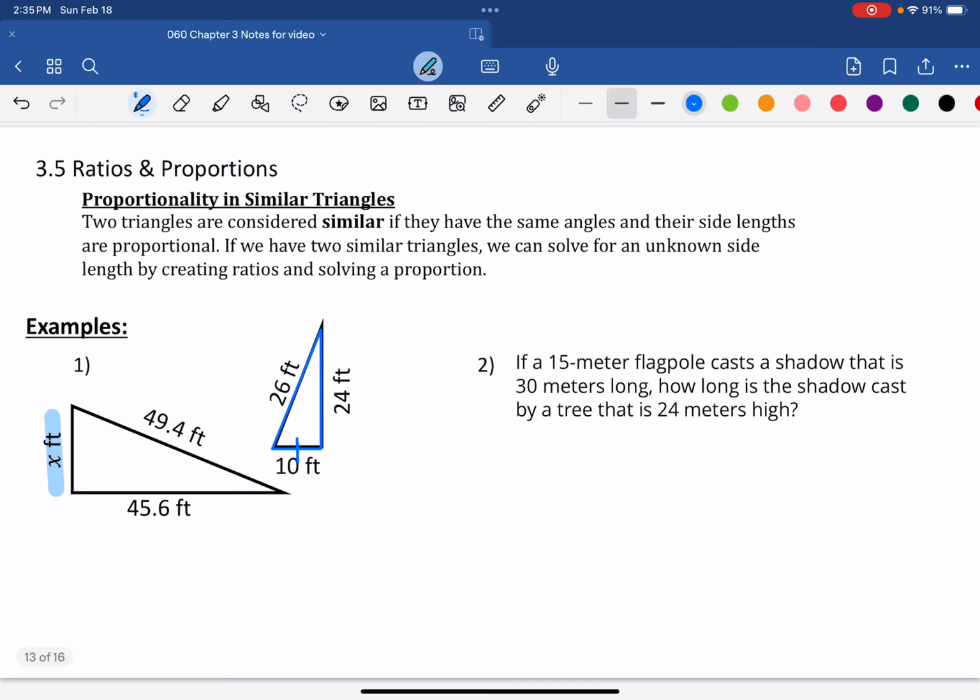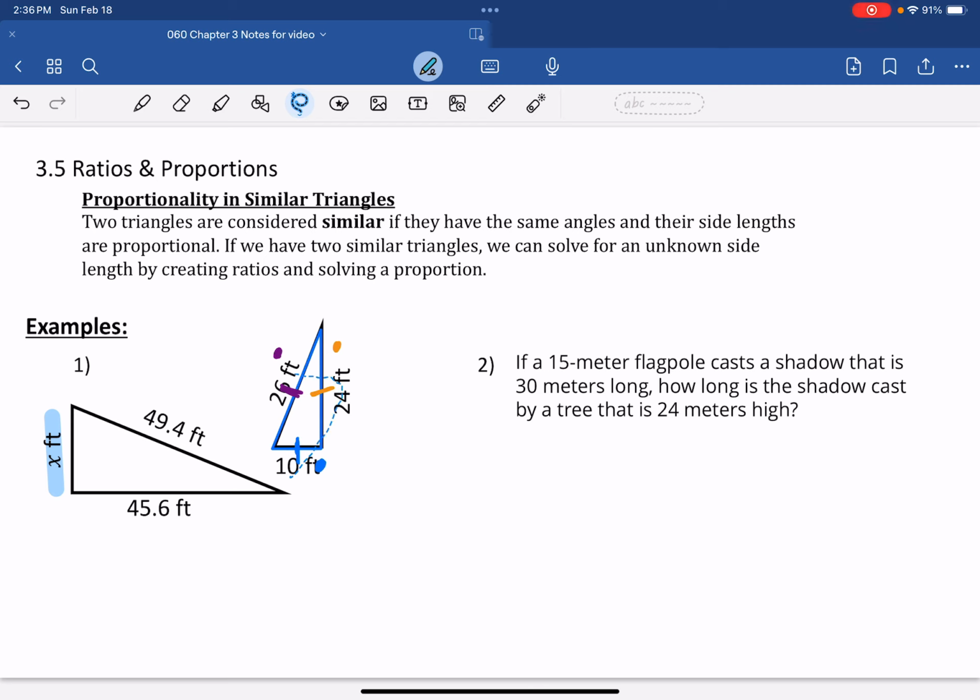It's hard to move it without changing the sides, but so we have, this is the 10, and I'm going to do different marks here so that we know which sides are which. So the 10, the 24, and the 26.